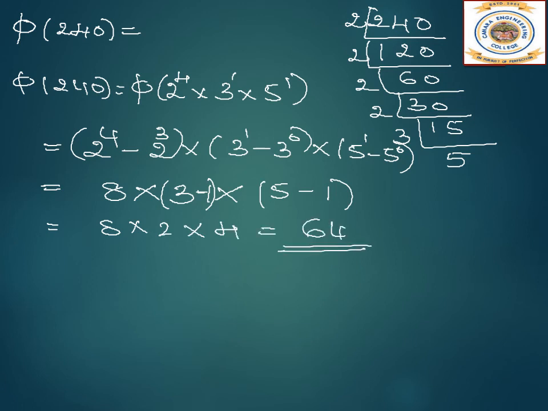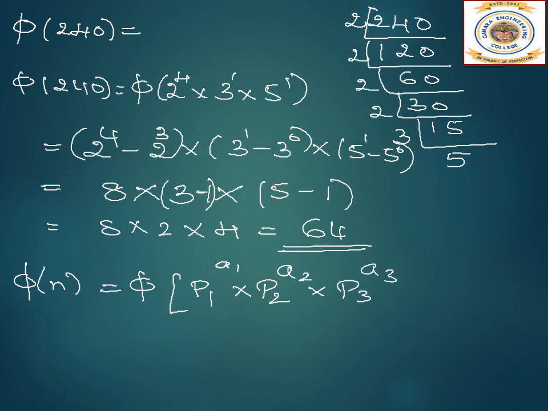So if I generalize this, for phi of n, first you have to see if it is a prime number. If it is a prime number, it is p minus 1. If it is not a prime number, then we have to see if we can represent it as a product of prime numbers. If not, we have to see if we can represent it as a product of powers of primes. So in general, if I can write it in this form, that is phi of n is equal to phi of p1 to the power a1 into p2 to the power a2 into p3 to the power a3.